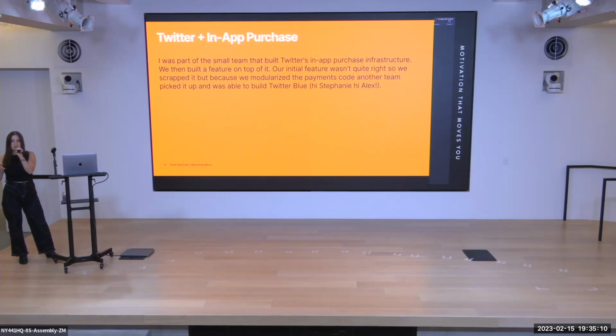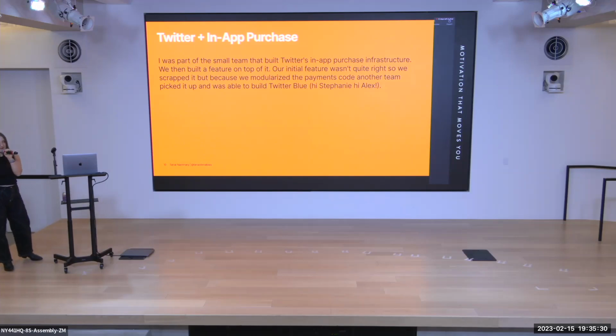But we did it by building an in-app purchase framework and then a separate framework for the UI. And then the initial feature that I worked on was scrapped. I'm sure you've all worked on things where at some point product is like, I don't know about this feature.